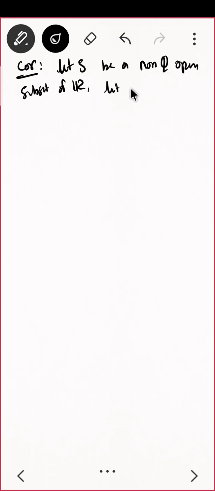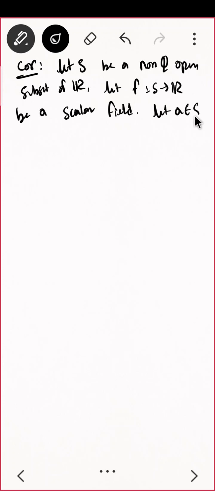Let f from S to R be a scalar field. Let a belong to S, and the gradient of f at a exists.